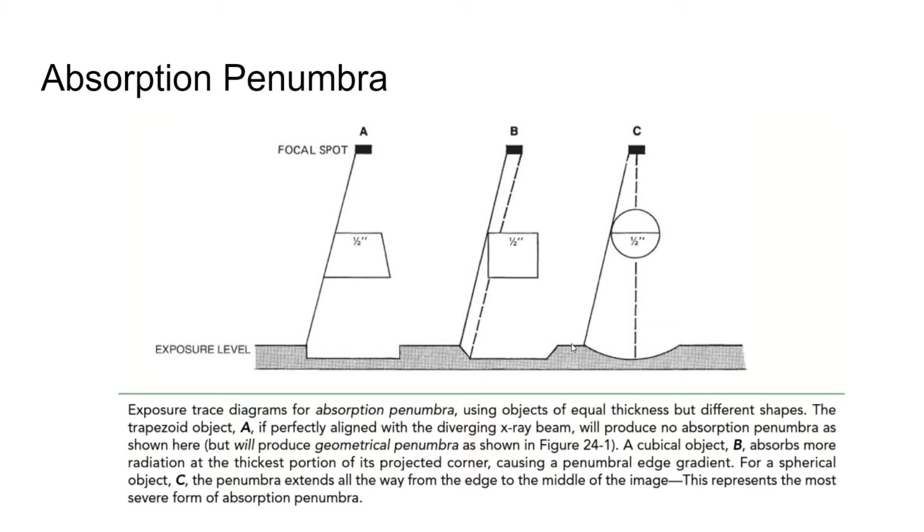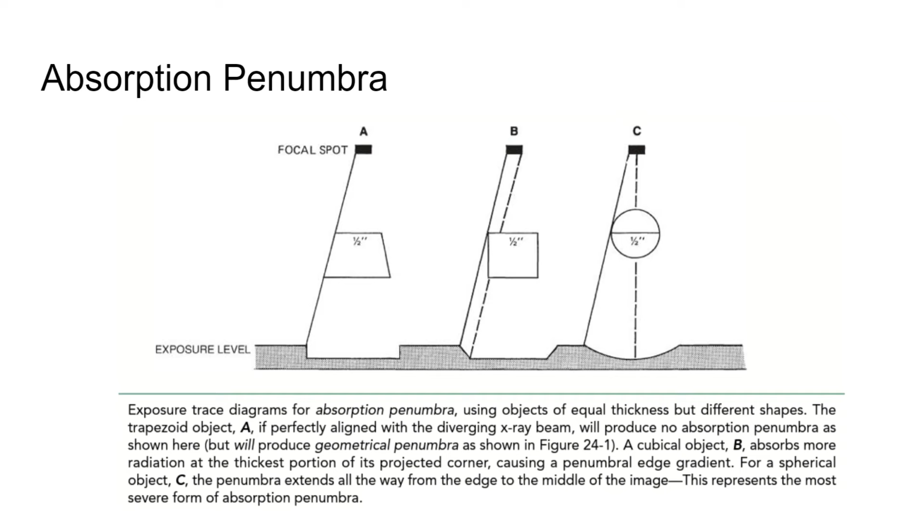And that's because we have a spherical object, which we have said in previous lectures gives you the most distortion. The least distortion at A is based on the fact that the geometry of this particular shape, and this is sort of theoretical, because not every part happens like this, pretty much matches up exactly with the divergence of the beam. Right? So the closer you can match the divergence of the beam, the less penumbra you'll have, the steeper the slope will be on these trace diagrams.